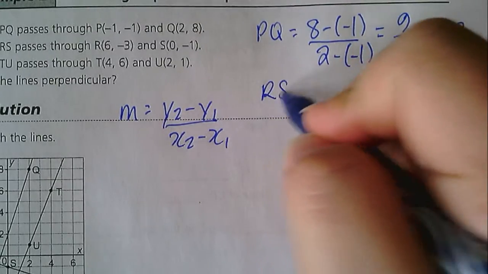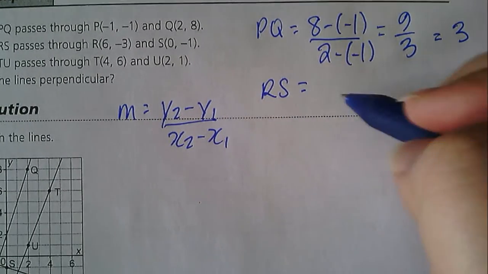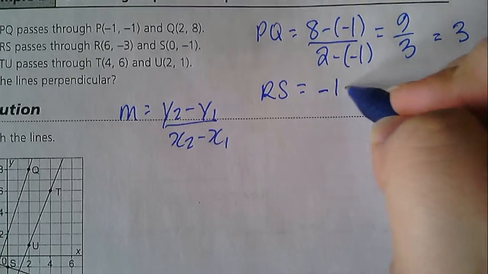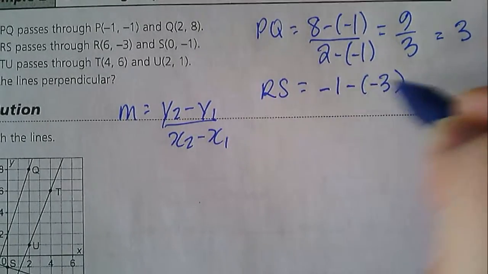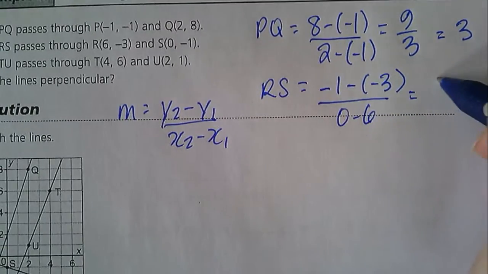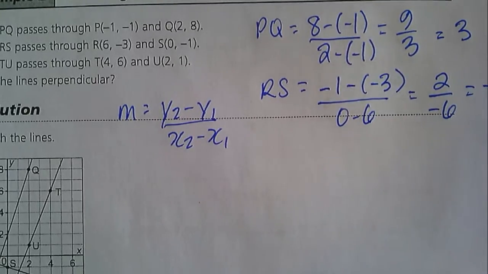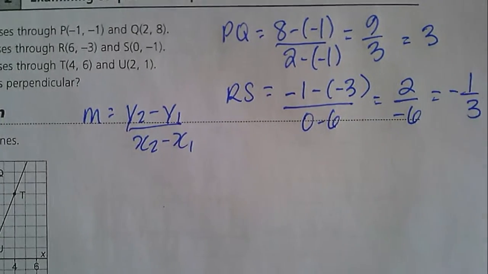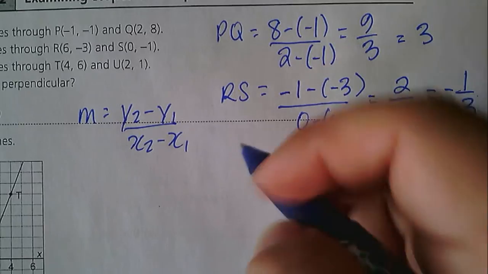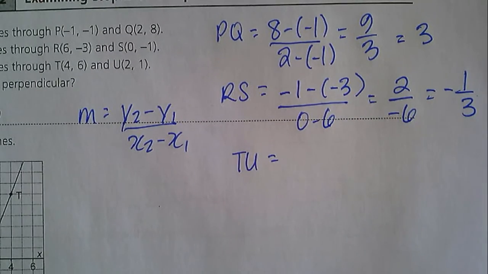Let's look at RS. For our calculation here, we have -1 minus -3 divided by 0 minus 6. We end up with 2 over -6, which is -1/3. And for our last one, TU or UT, doesn't matter.